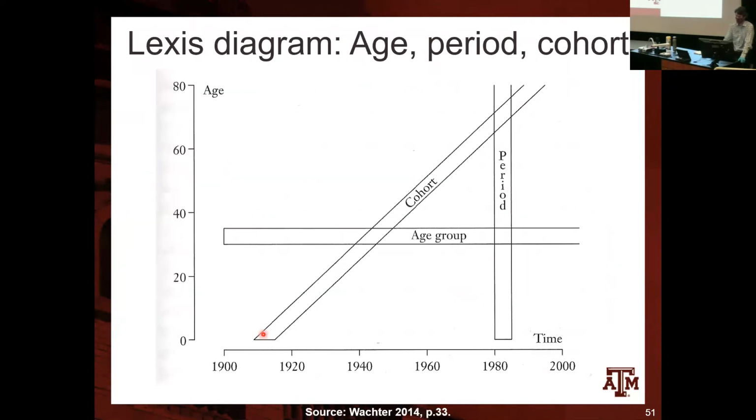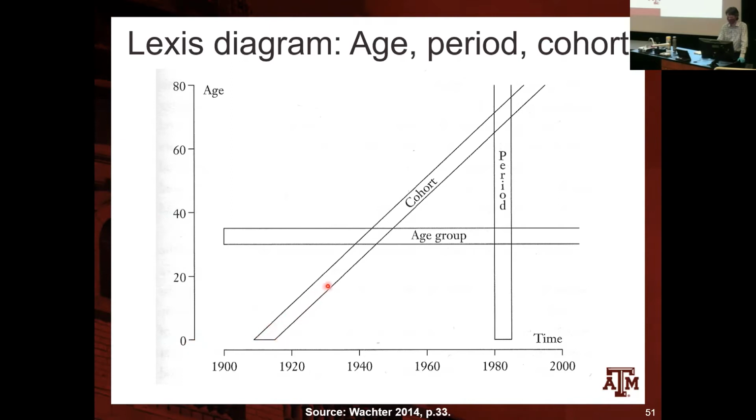So a better way to see it, instead of using the lifelines, is to use the Lexis diagram in a more aggregated way. And then you see a specific birth cohort of people born between, let's say, 1910 and 1915. Those people were born here. They were 0 years of age between that time.